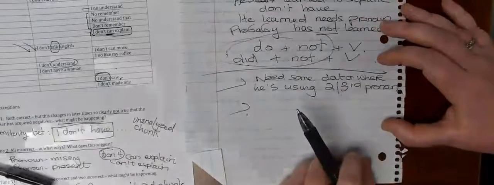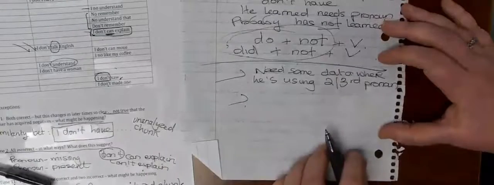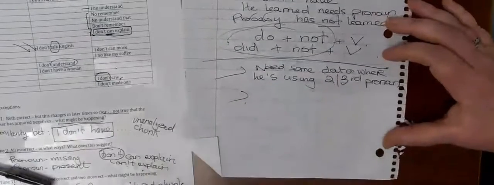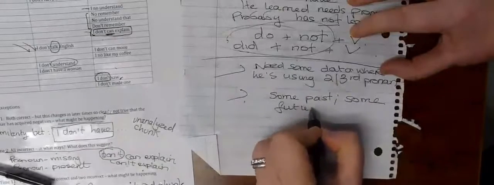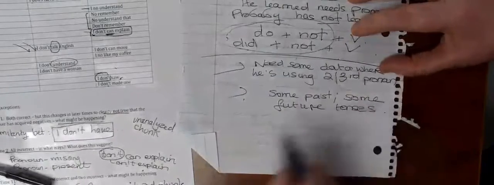Okay. What else might you need? I mean, what else would be useful to have? Sorry, Mark. That's right. Some more past tense, and also we don't have any future either. Good. Some past, some future tenses to see if he can ever get it right, right?